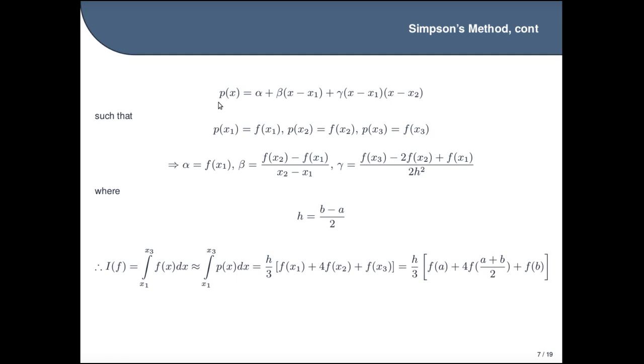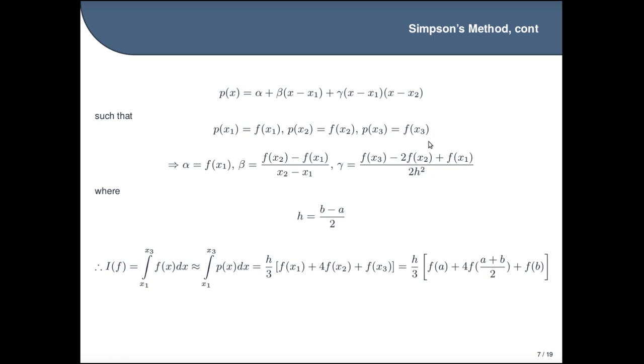And we need to create that quadratic equation such that p of x1, which remember is the start of our interval, is equal to the value of the function at that starting point. P of x2 is equal to the value of the function at x2. P of x3 is equal to the value of the function at x3.